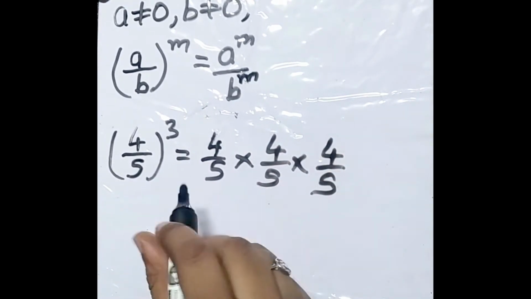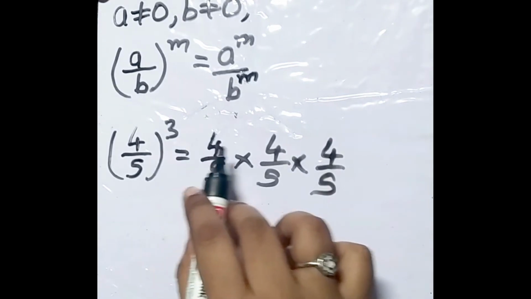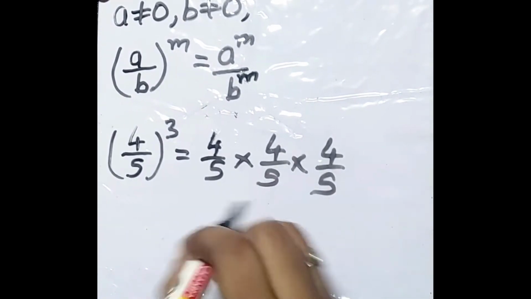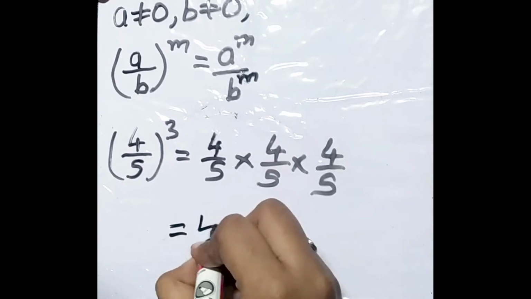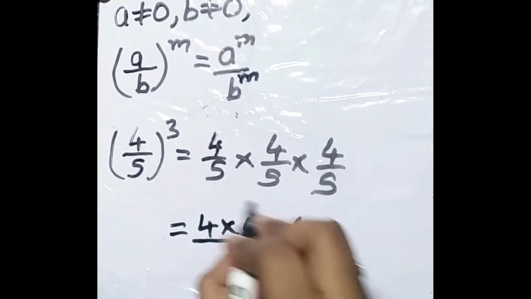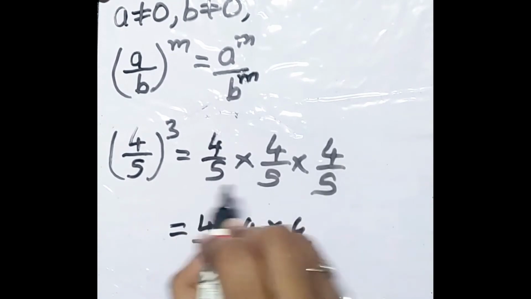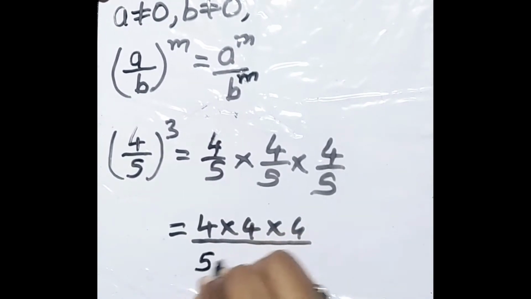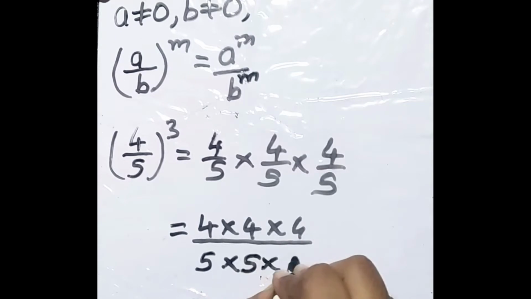Here multiplication is there, so the product of the numerators will be in the numerator: 4 into 4 into 4, upon the product of the denominators in the denominator: 5 into 5 into 5.